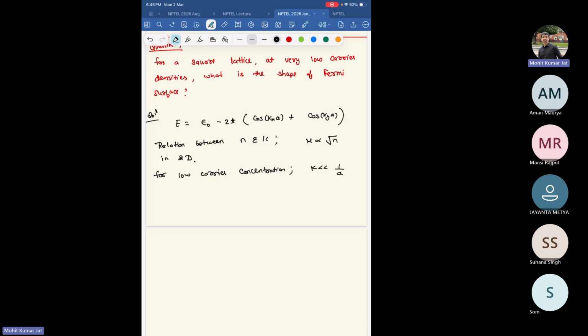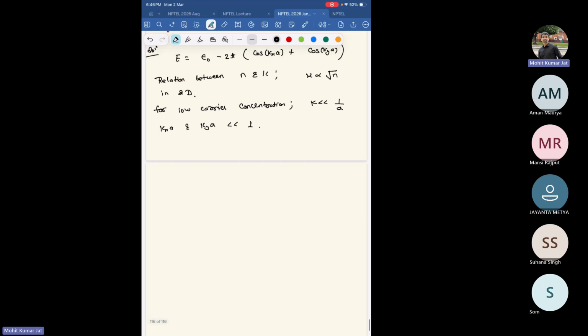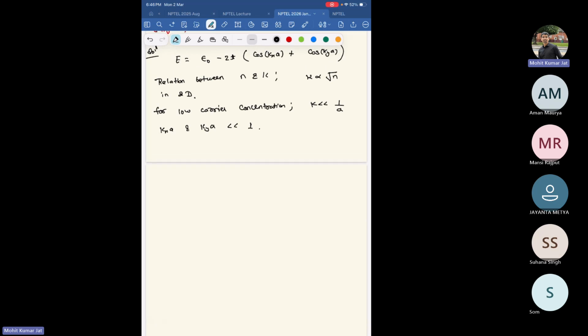In that case, kxa and kya will be less than 1, and now we can expand the cosine. We know that cos x goes as 1 minus x squared by 2 factorial plus x to the power 4 by 4 factorial minus x to the power 6 by 6 factorial, and so on.